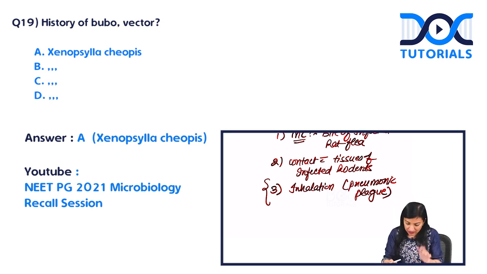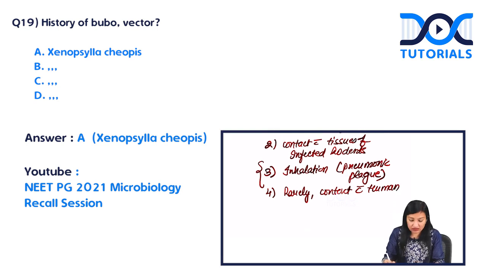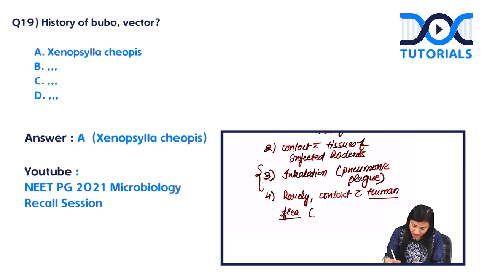Please check that out. So this is the notable exception which you need to remember. And very rarely, due to contact with human flea, this is another mode of infection, although rare: bite by human flea, that is Pulex irritans.